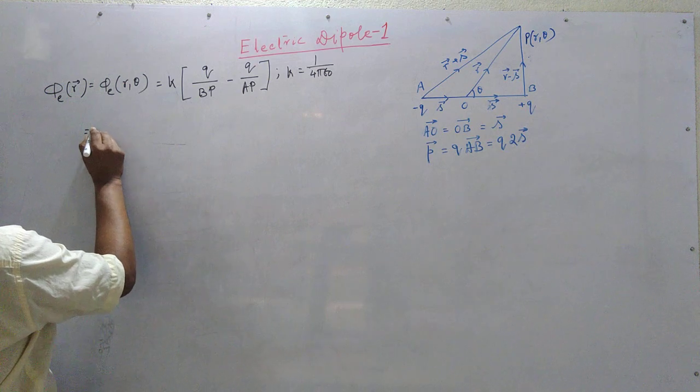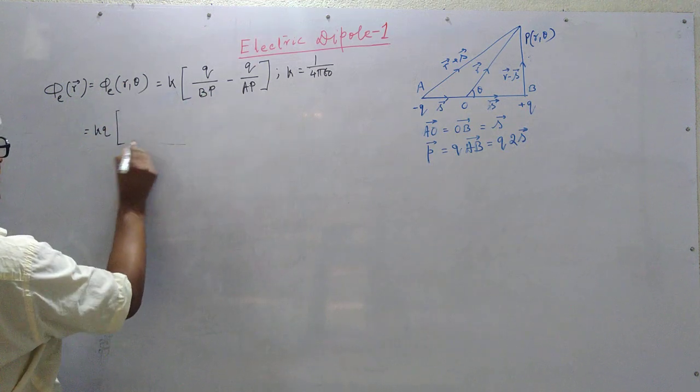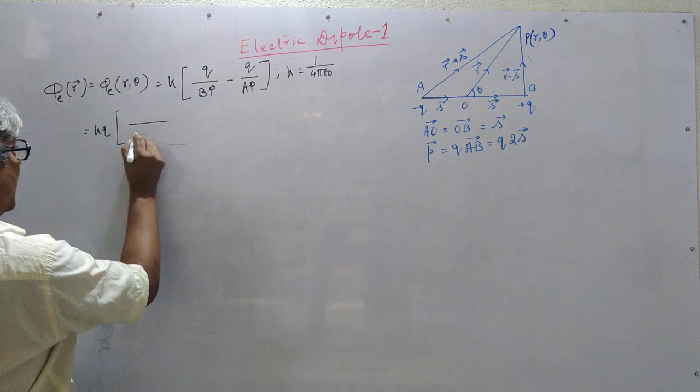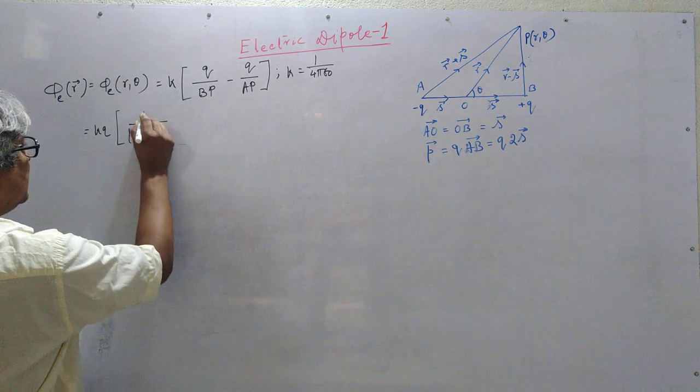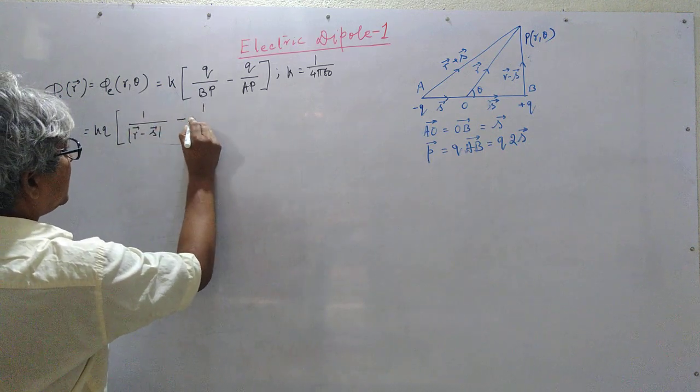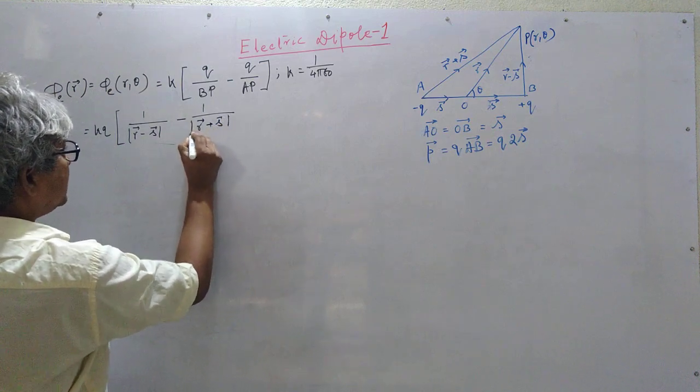We take kq common, and if we write it in vector notation, this is 1 over modulus of r minus s, minus 1 over modulus of r plus s.